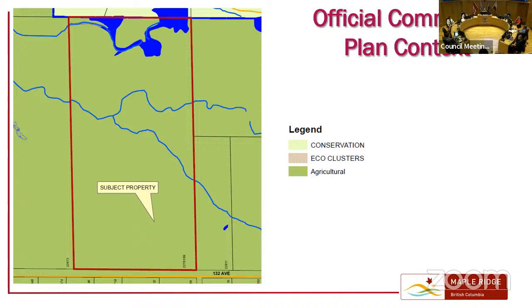In 2019, the Agricultural Land Commission Act, or ALCA, was revised in order to require the Agricultural Land Commission to not permit or grant any permission for additional residences unless it's really necessary for the operation of the farm uses.